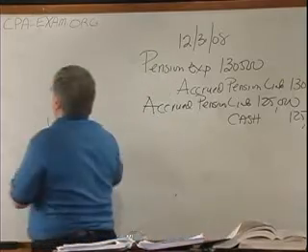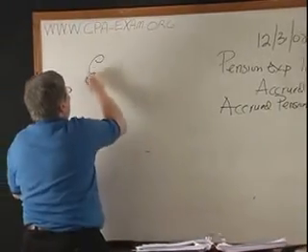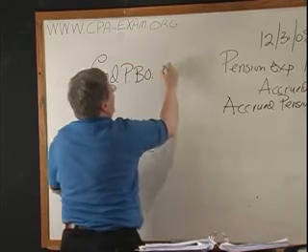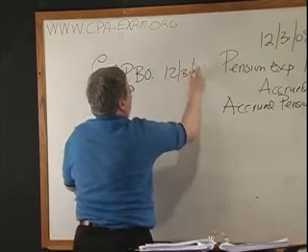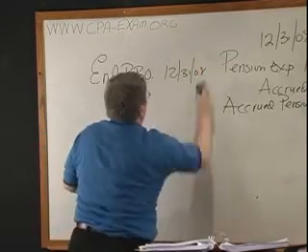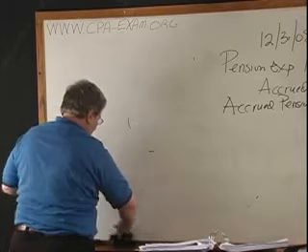What we do is this. We get the ending projected benefit obligation at 12/31/08. And let me make this a little smaller here.